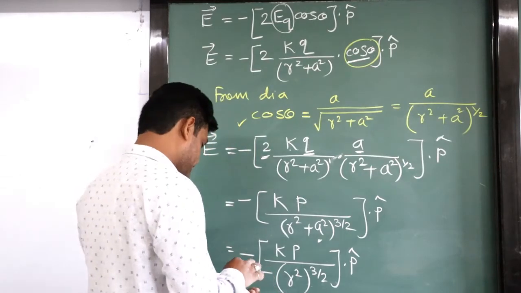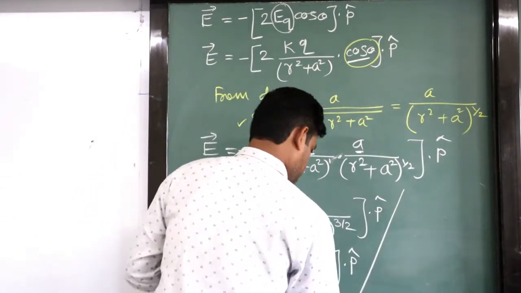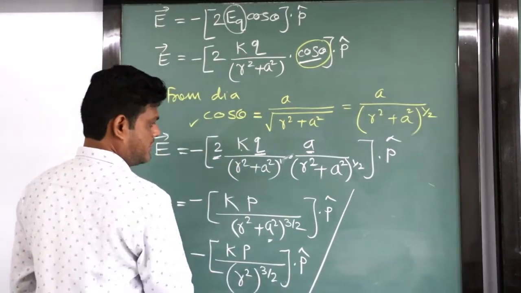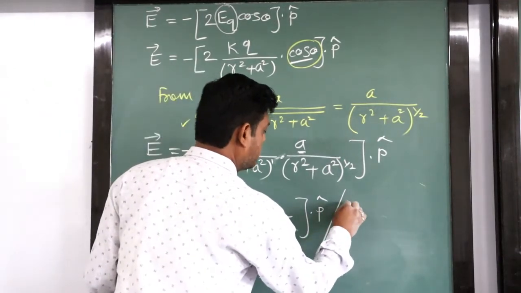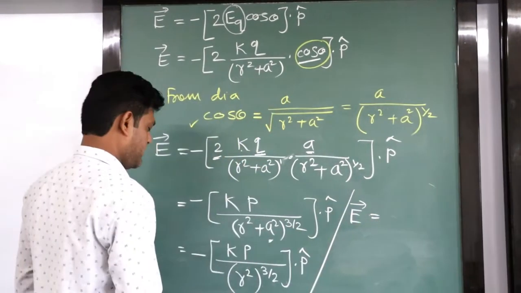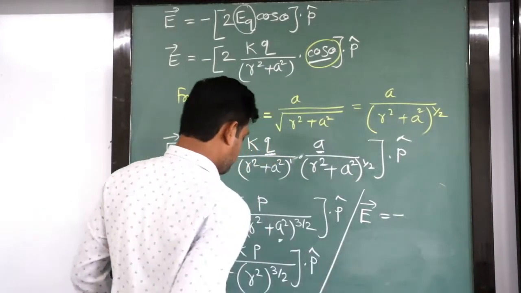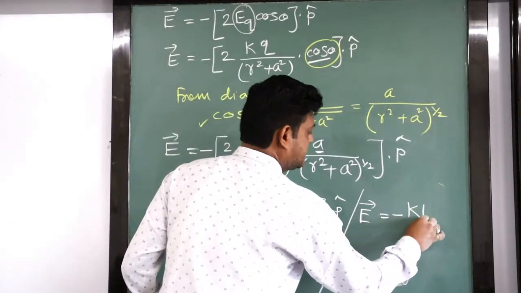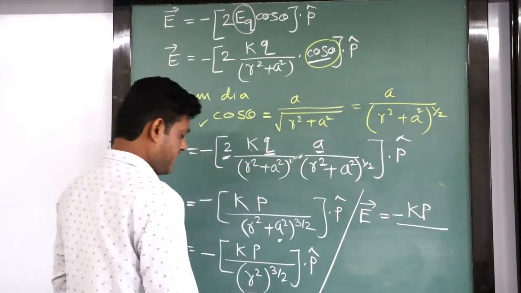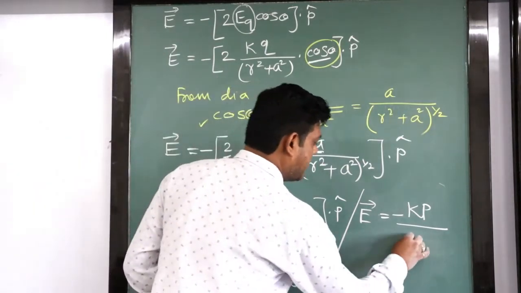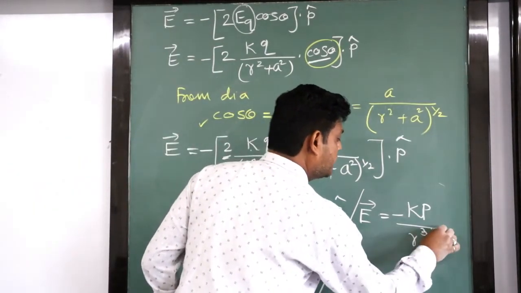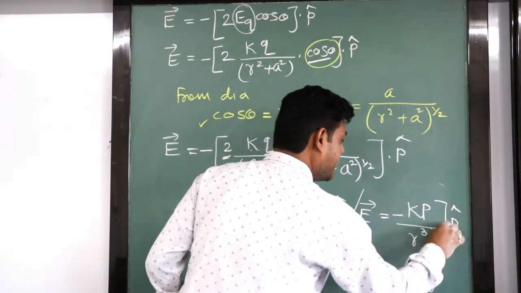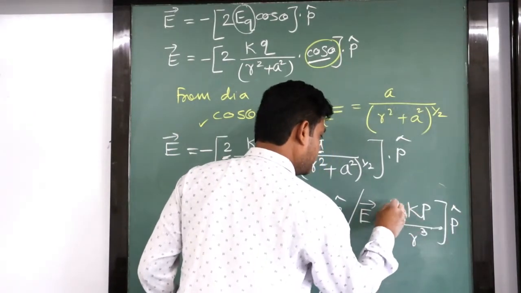E equatorial equals minus, KP remains as it is, divided by R cube, into the P cap. P cap is a unit vector, right?